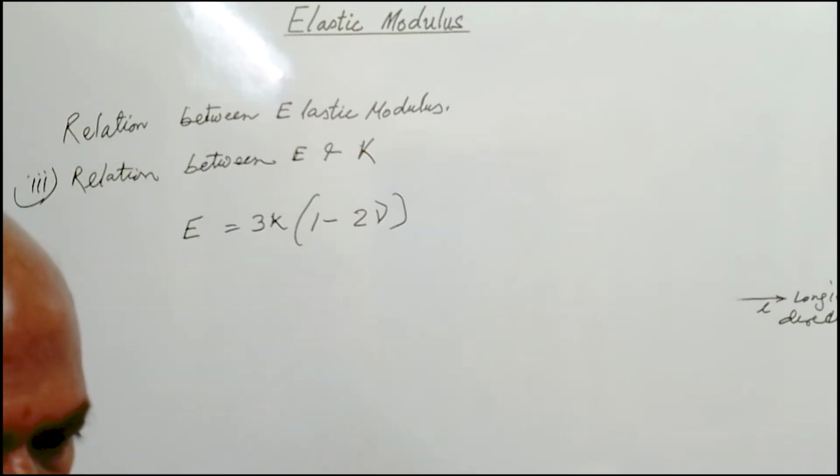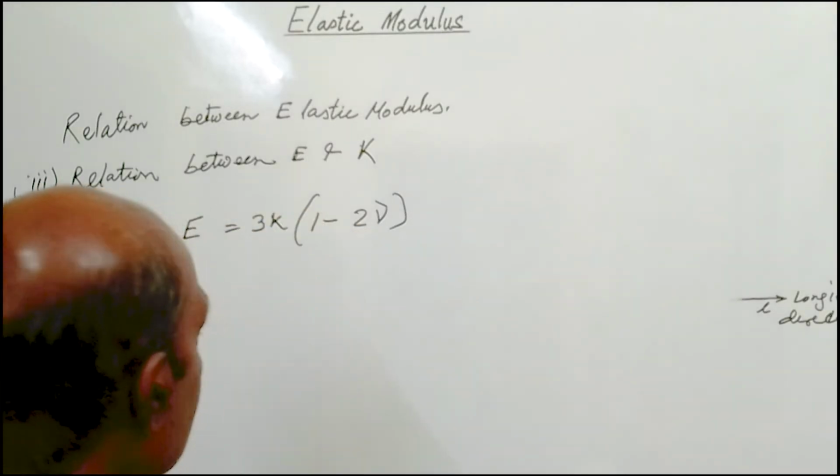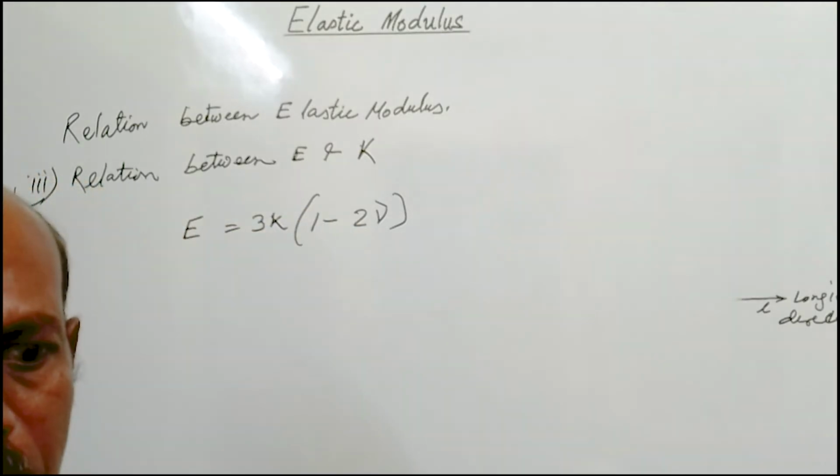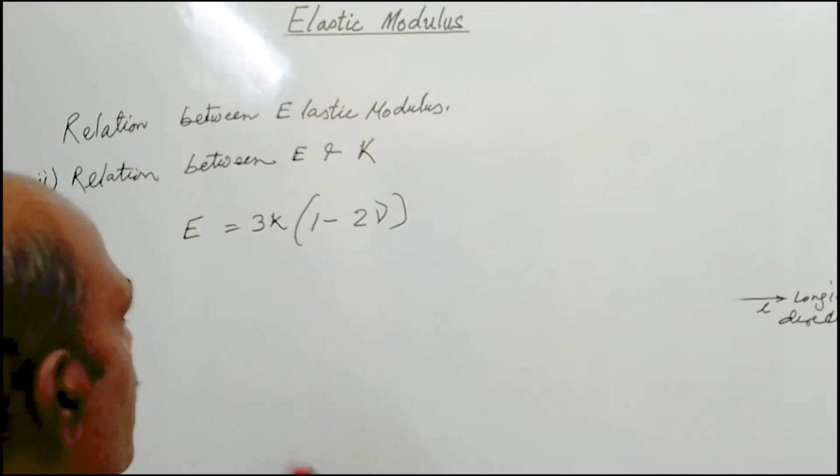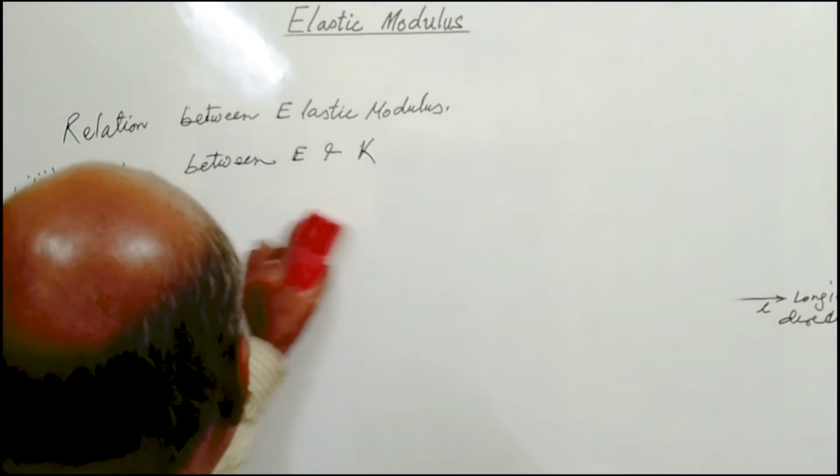So these are the relations between the elastic constants, and for isotropic material, two elastic constants are required to define the properties of the material completely.